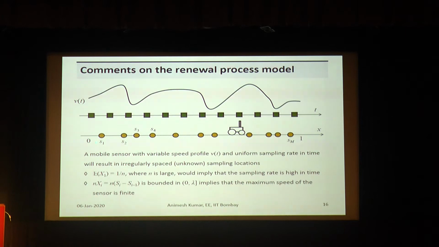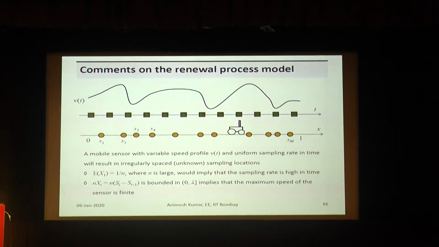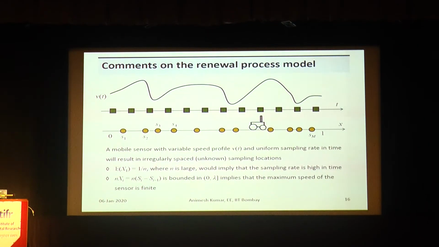Then these samples will get staggered. The sample locations S1, S2 are not known, but the maximum spacing can only be equal to the highest speed that the vehicle has. So that's the motivation for having this lambda. Of course, it also helps in simplifying some of the analyses that we have.